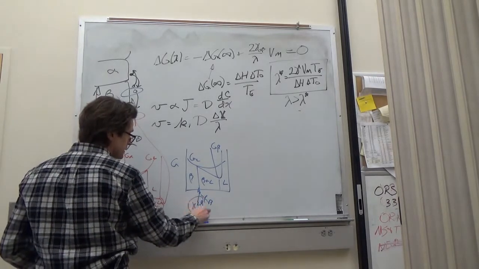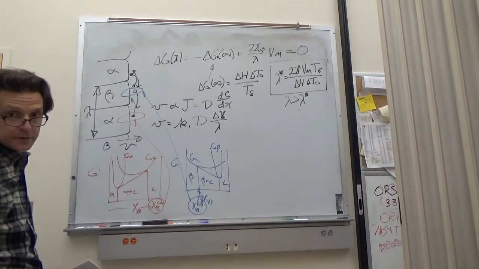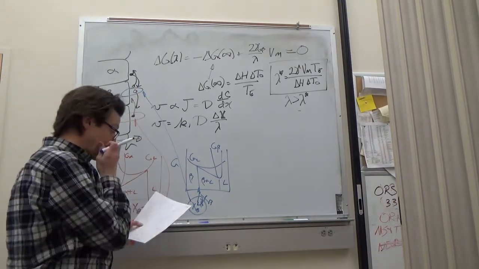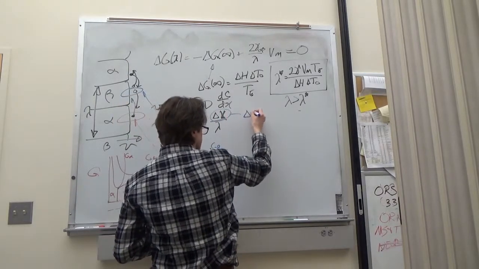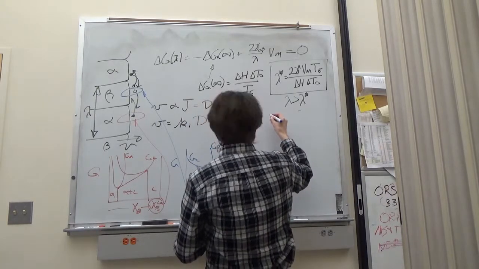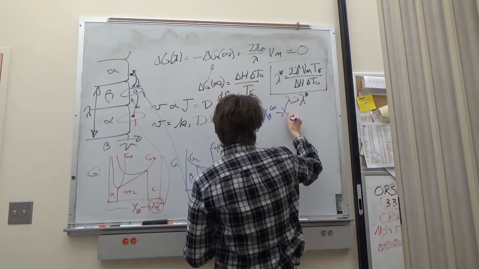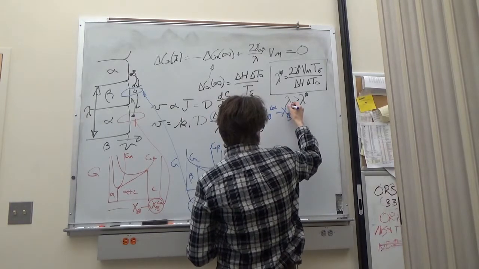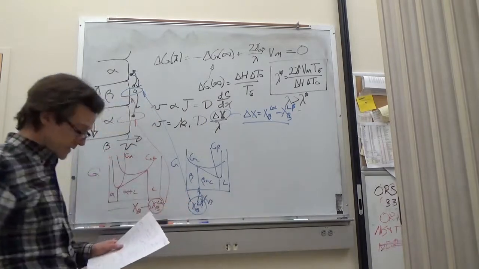So this is the composition at that point. So that means then just that our delta X is going to be XB L alpha minus XB L beta, coming from these.